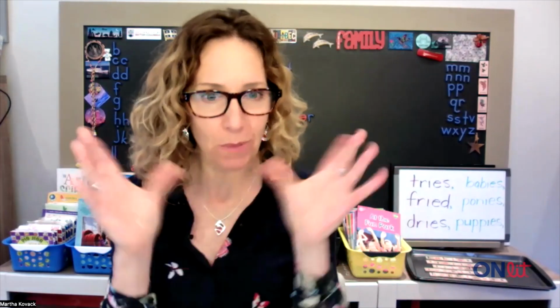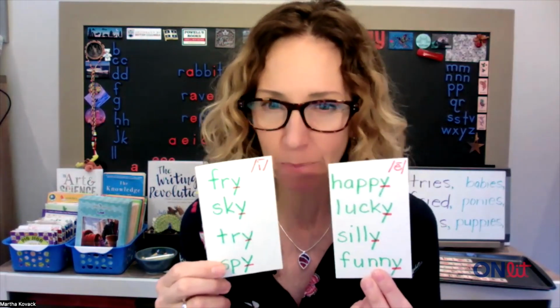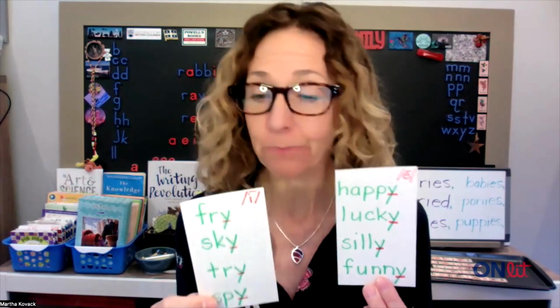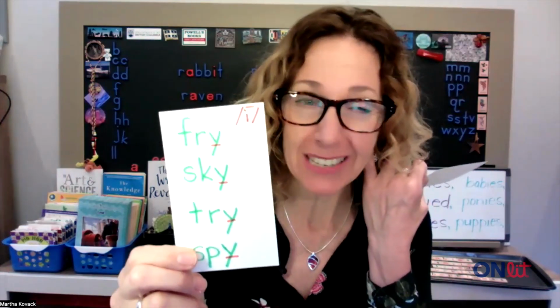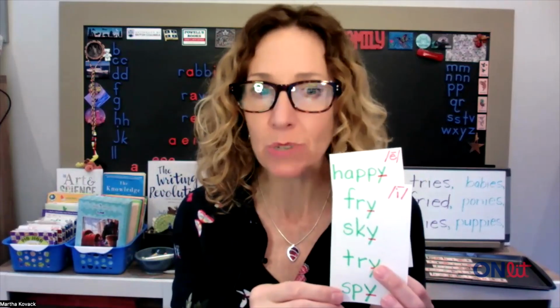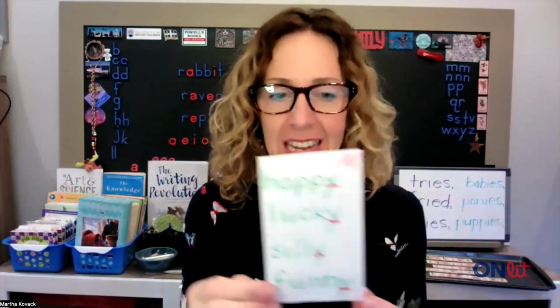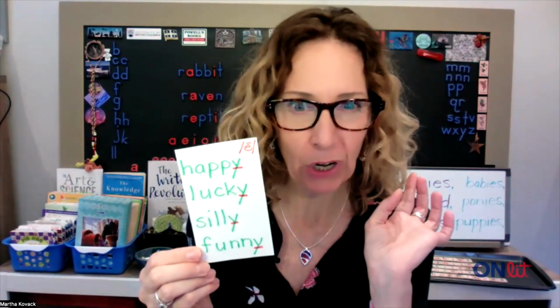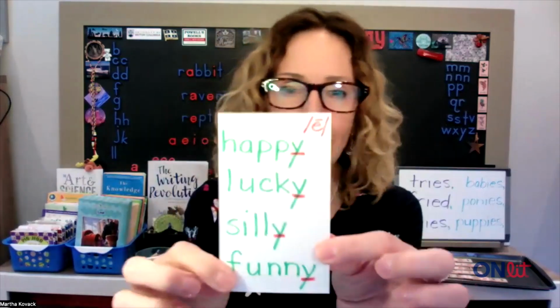So what do we need to know before we teach this rule? Well, you need to know the two ways that we use Y at the end of a word. So first we teach that when you hear I at the end of a single syllable word, fry, sky, try, spy, then you use a Y to spell that sound, not an I. And the same with the E. If you hear E at the end of any multi-syllable word, happy, lucky, silly, community, you're never going to spell it with an E. You're always going to spell it with a Y. So that's helpful to know.